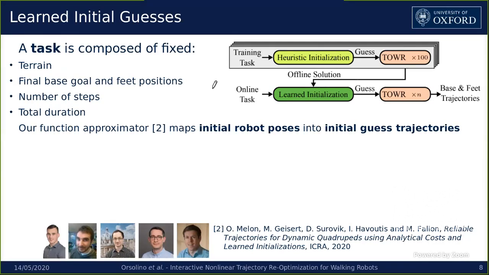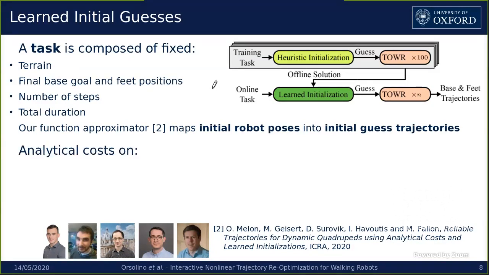In this work that is also going to be presented in ICRA this year, in particular, we propose a neural network that learns offline in a supervised way a mapping between initial robot poses and trajectories that can be used to initialize the problem, for fixed tasks, which are composed of fixed terrain, fixed base goal and feet position for a fixed number of steps and for a fixed total duration.